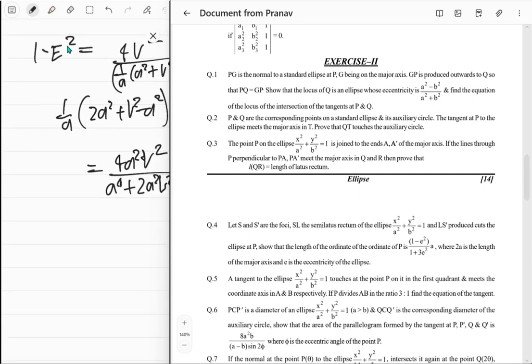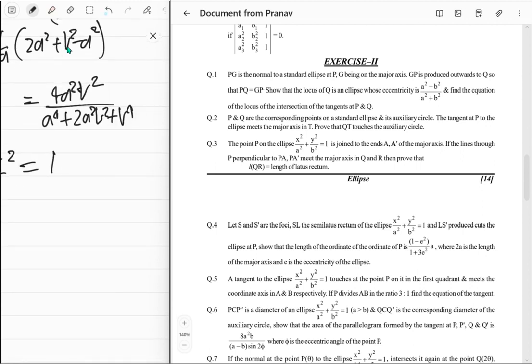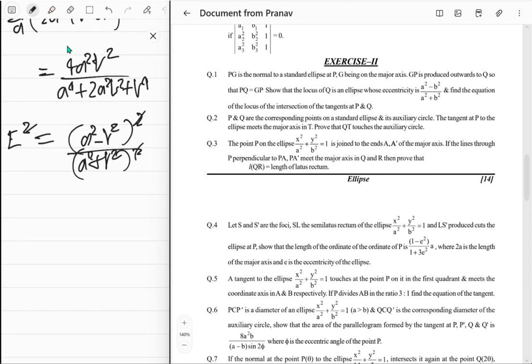That's 1 minus E squared, so E squared is 1 minus this guy, which is (a squared minus b squared) squared upon (a squared plus b squared) squared. Just take the square root, and if a is bigger than b, then this must be the thing.